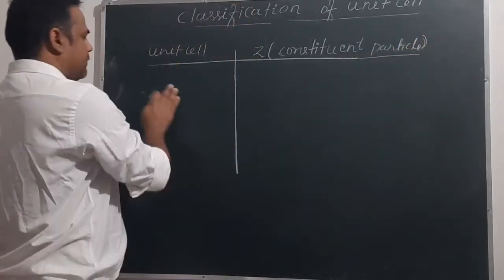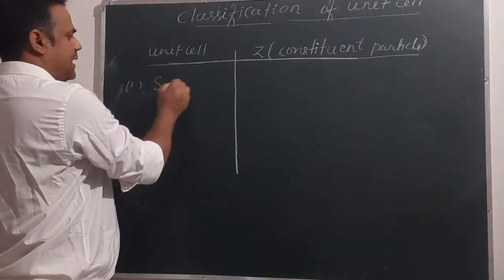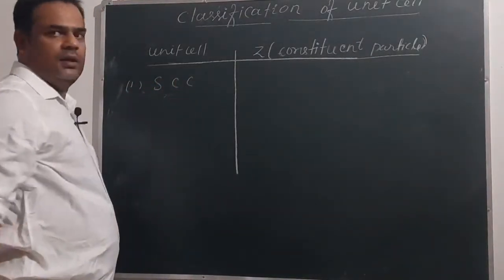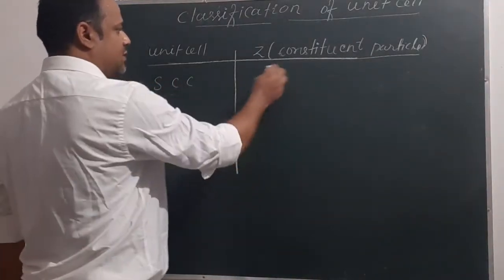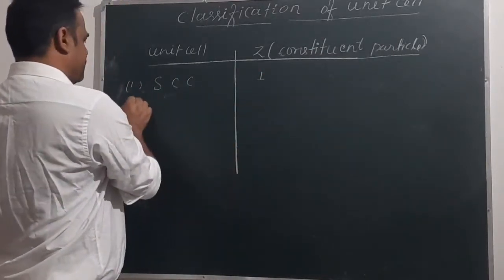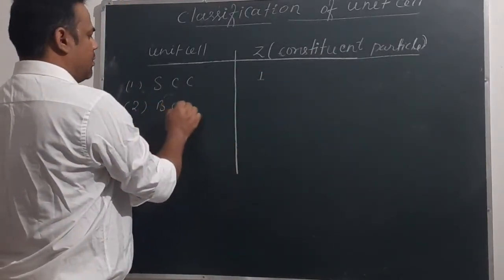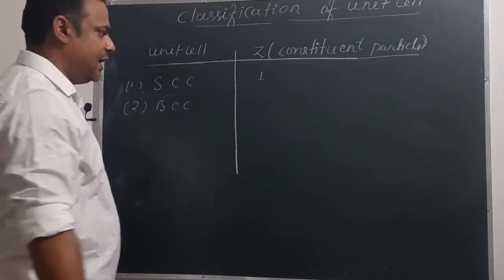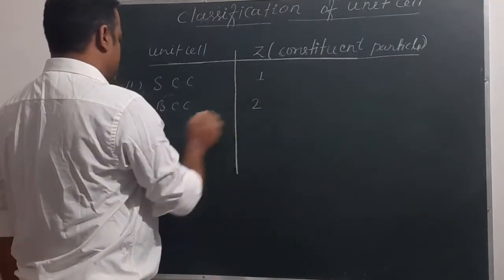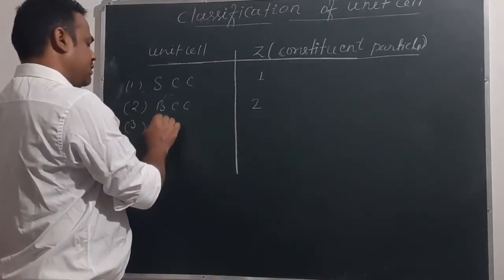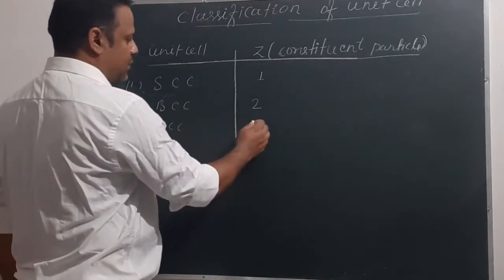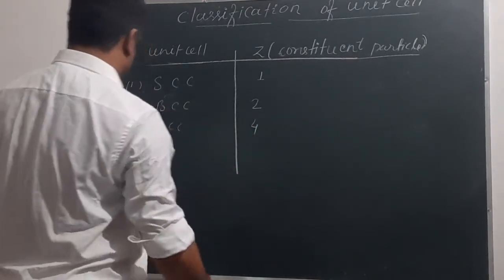So the unit cell, first one is SCC. SCC means simple cubic unit cell. In this case Z will be 1. Second one is BCC, body centered unit cell, and the number of constituent particles will be 2. Third is FCC, face centered unit cell, and the number of constituent particles will be 4.